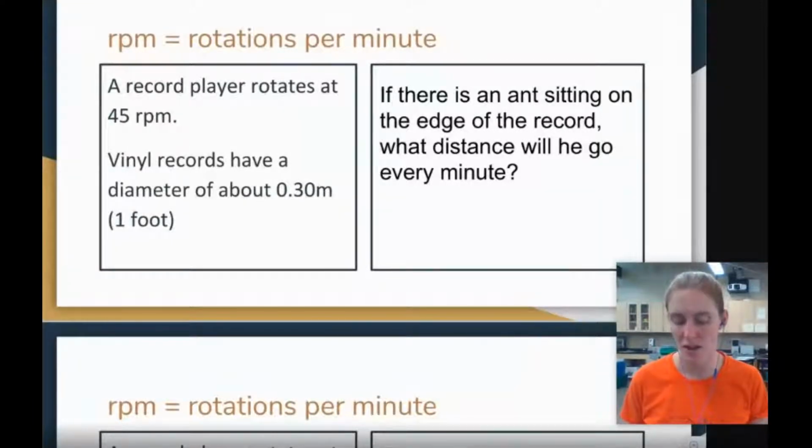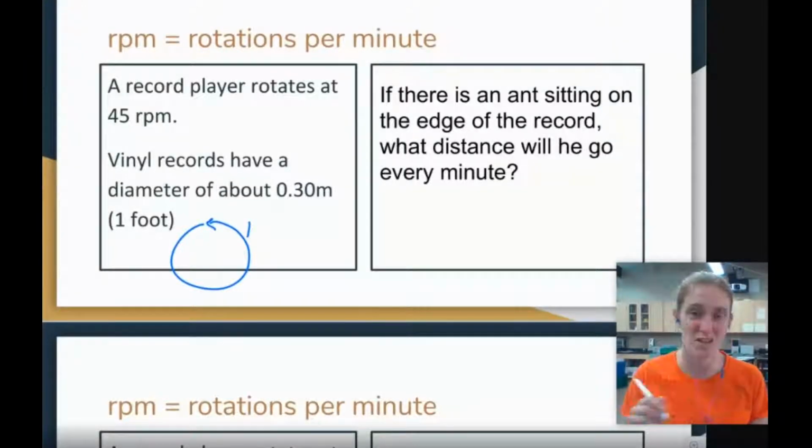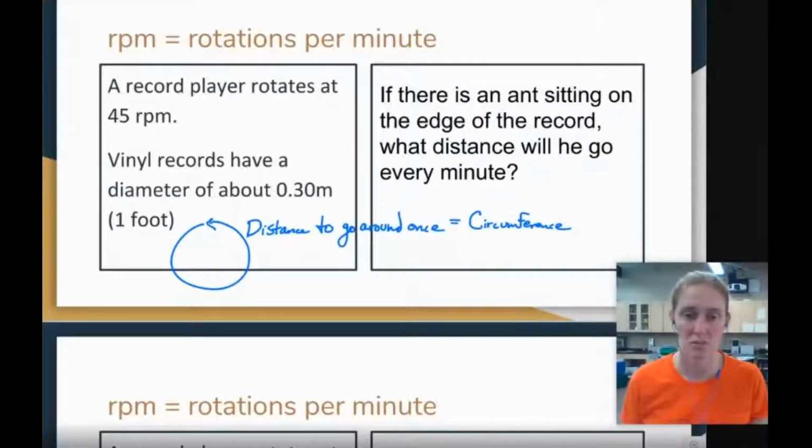Okay, so I'm trying to find distance. Well, if I know he goes around the record 45 times, if I know once around, so find how far he goes for once around the circle, and then I can multiply it by 45 to get his total distance for every minute. So the distance to go around once is my circumference.